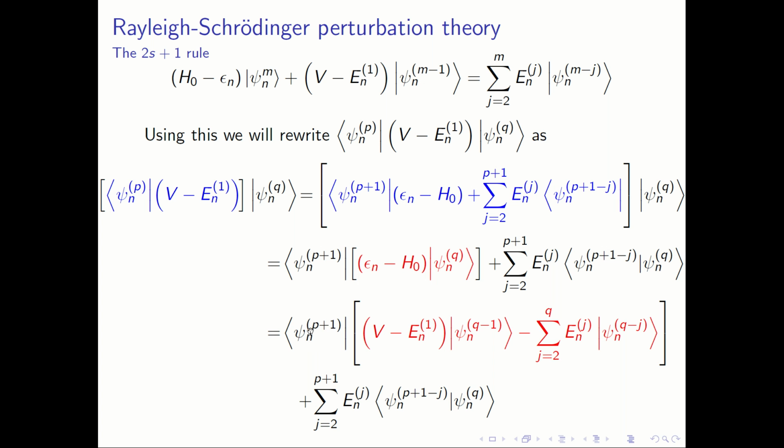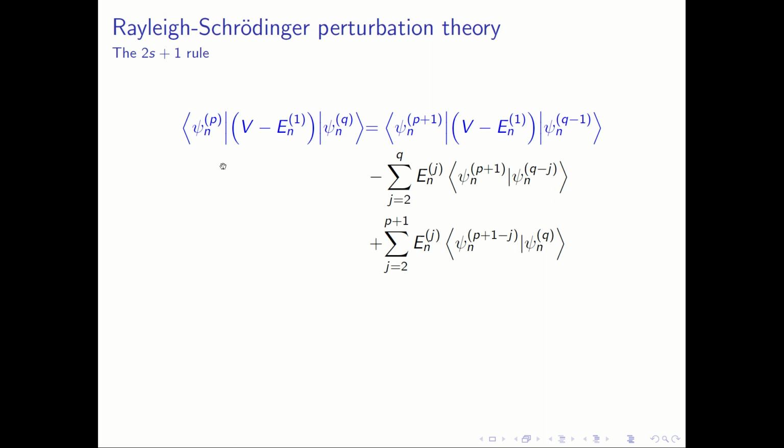So our job of trying to make this more symmetric: you started, remember, with psi_n^0 and psi_n^(2s). Now you can raise this one, lower the other side by one, and then keep on doing it. So basically this is what our equation turns out to be.